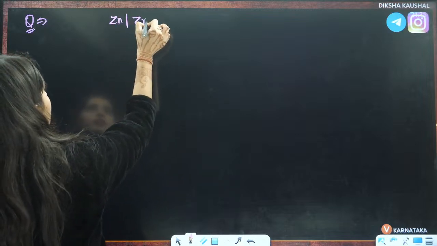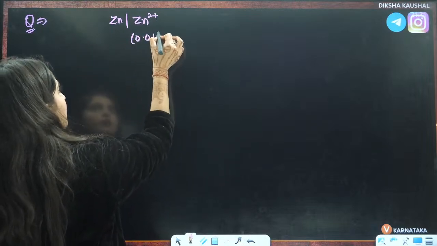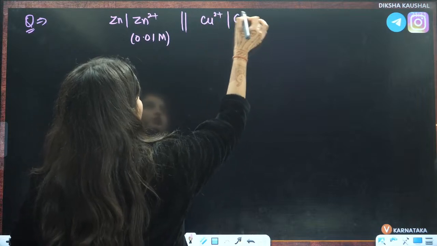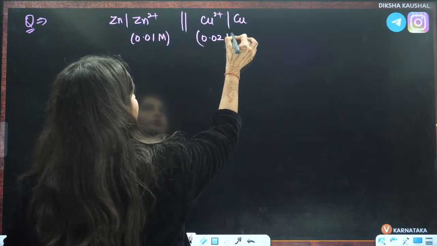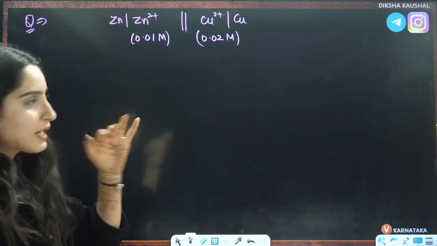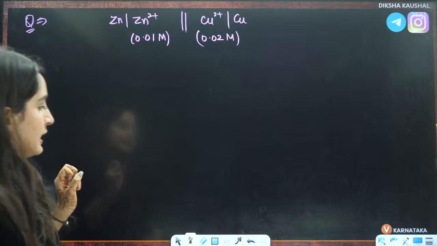Now I'm giving you this question. The question is: Zn2 positive at 0.01 molar. This cell representation is given to you: Cu2 positive to Cu, where the concentration is given to be 0.02 molar. Now they are asking you to calculate the value of E cell.